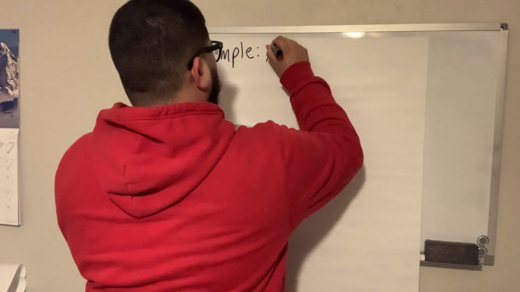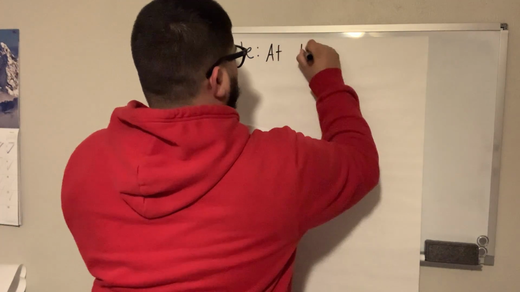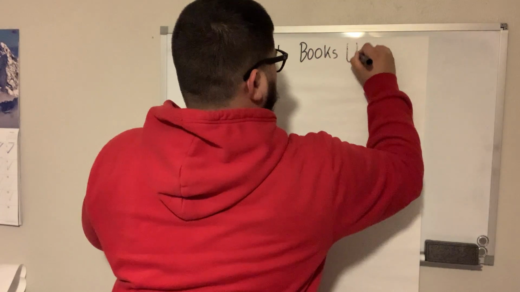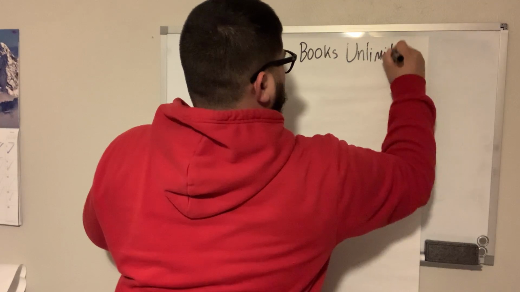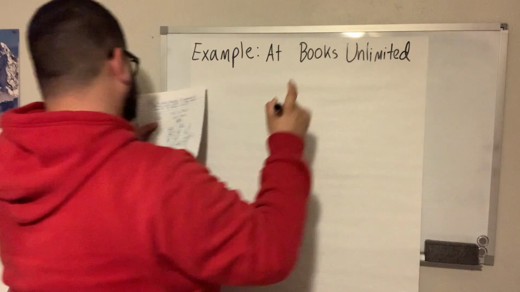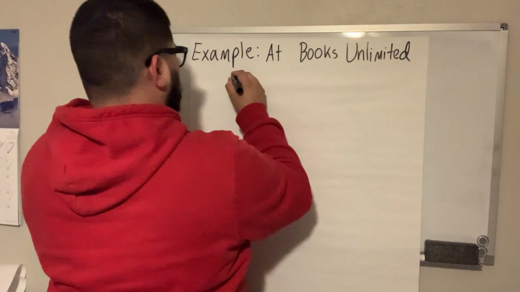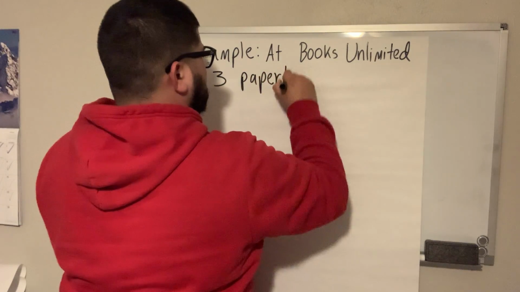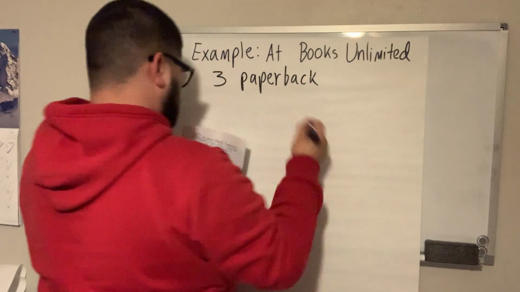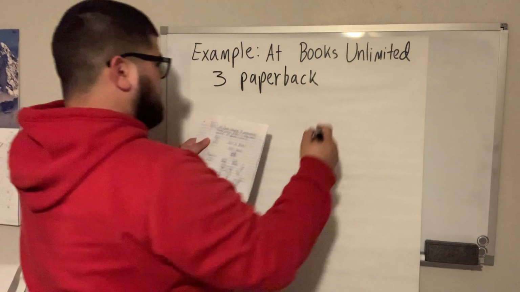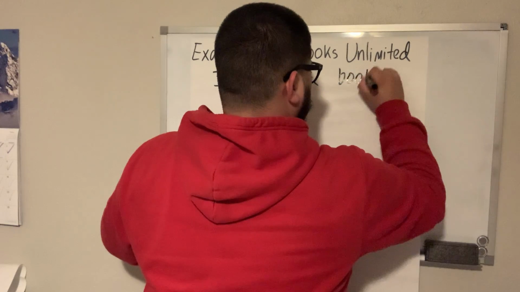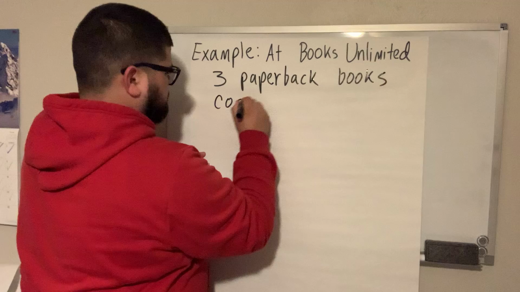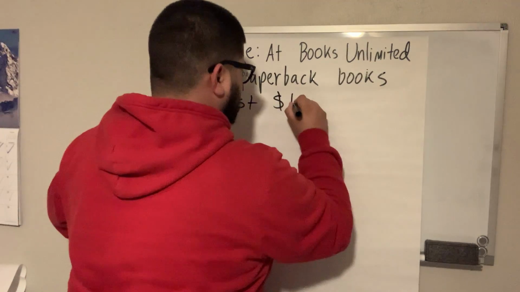So at Books Unlimited, 3 paperback books cost $18. Paperback means it's not hardcover.